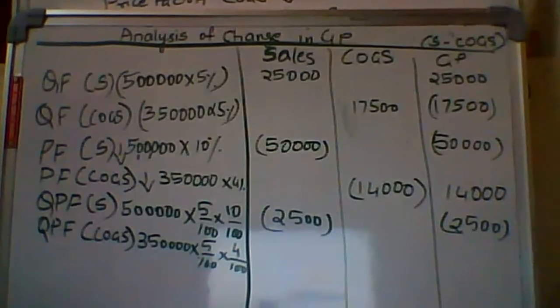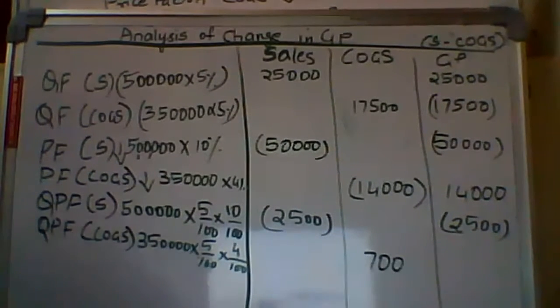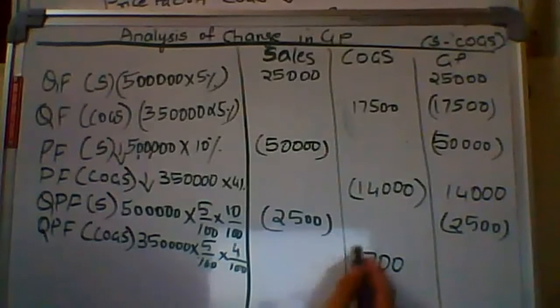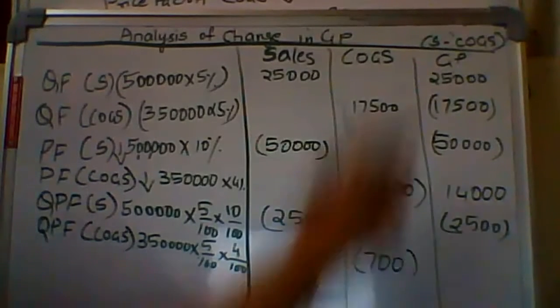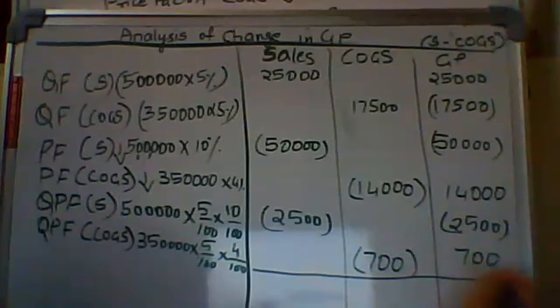Again, price factor is a reduction. That is the reason that also would be a minus there. How much is that coming to? 700. Only 700. If that is 700, this is a minus. Minus of minus is plus. So this would be a plus.